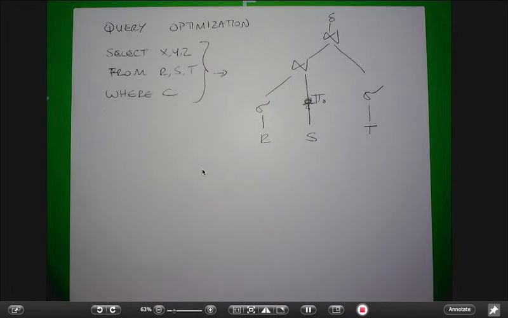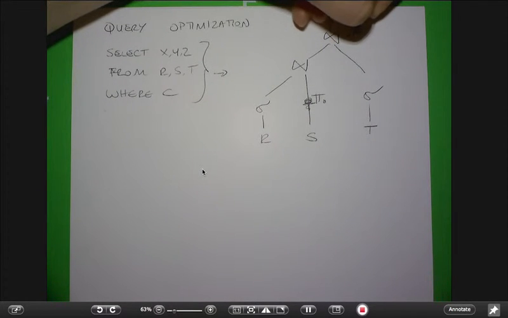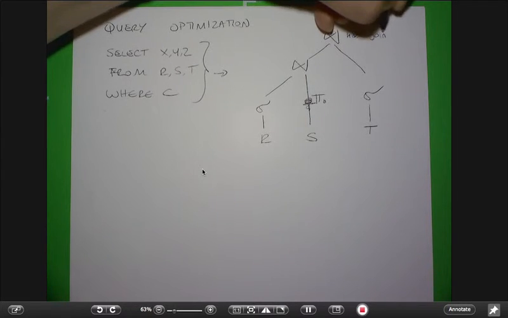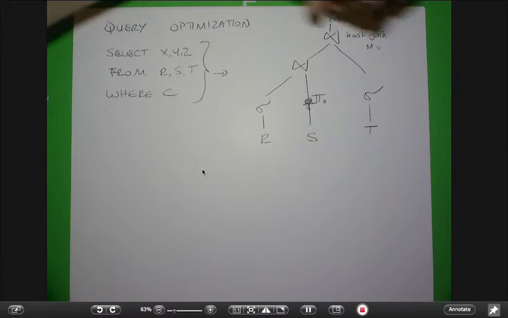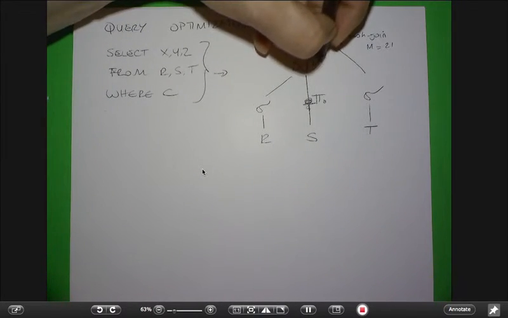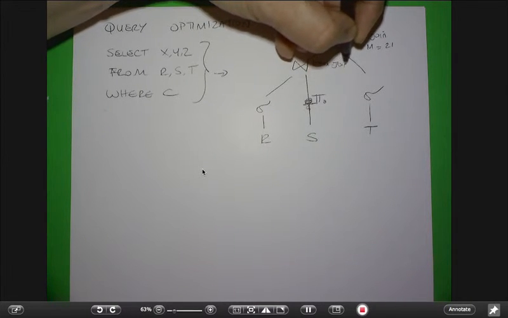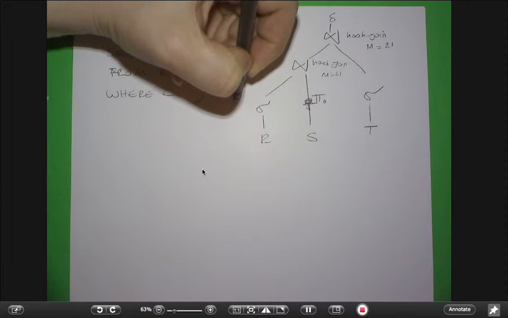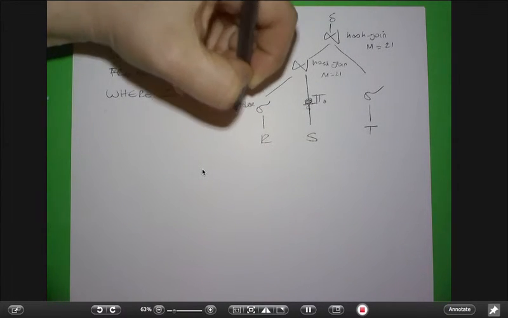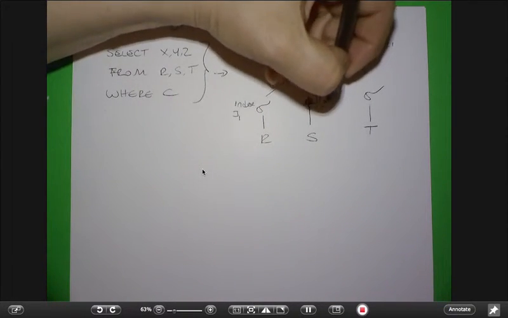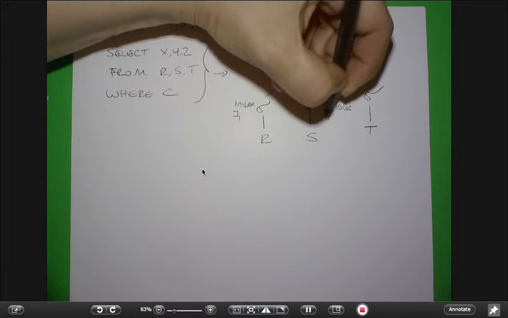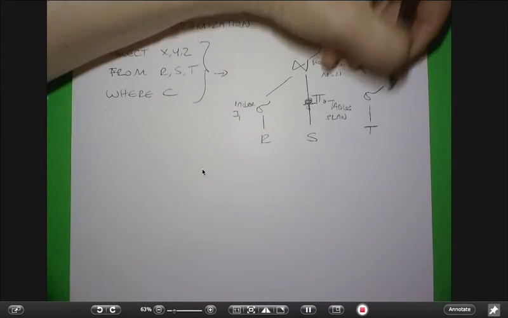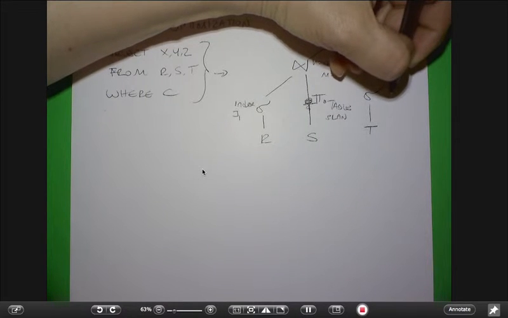Okay. And then for each of these operators, there's actually an implementation. So it will say hash join, with some amount of memory, hash join, some memory, and this will be index I1. This will be table scan. So this will be, let's say, table scan.